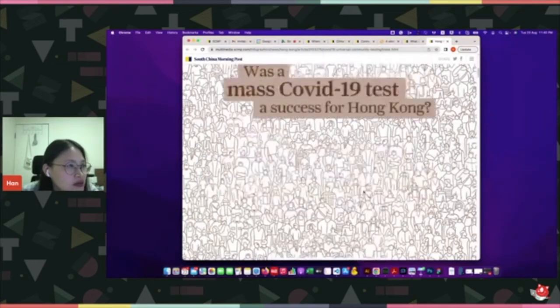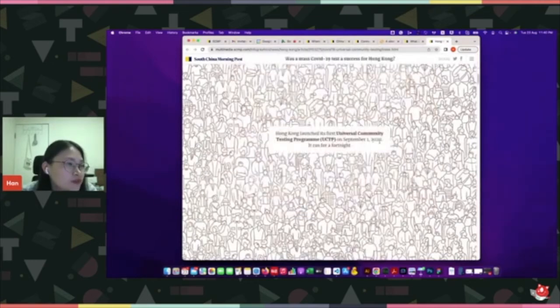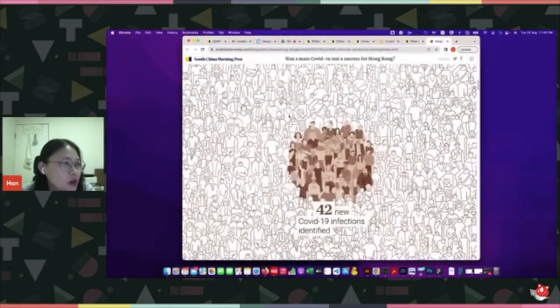And we have a header and a little paragraph here to explain what is happening. So Hong Kong launched its first universal community testing program on September 1st, 2020. It's 2 years ago. So these are the total people they have found with new infections of COVID-19.